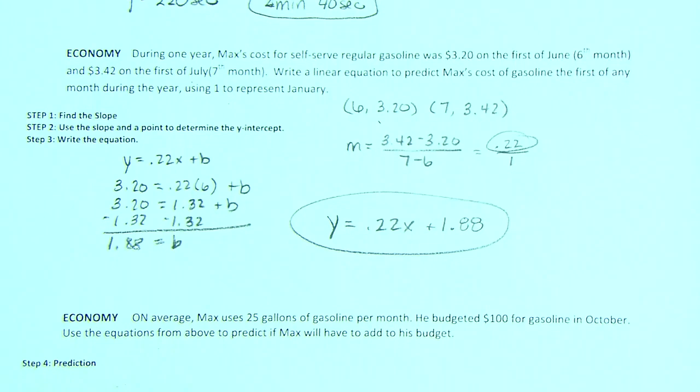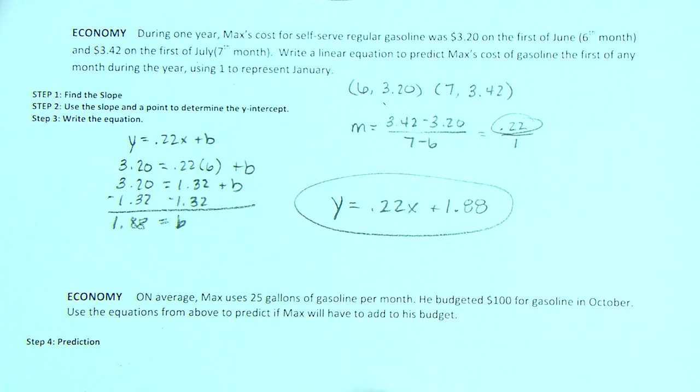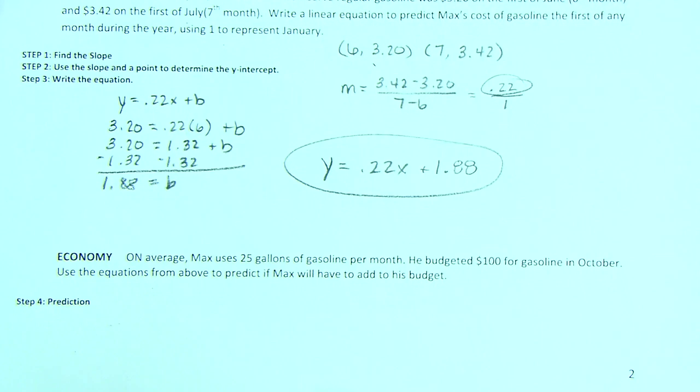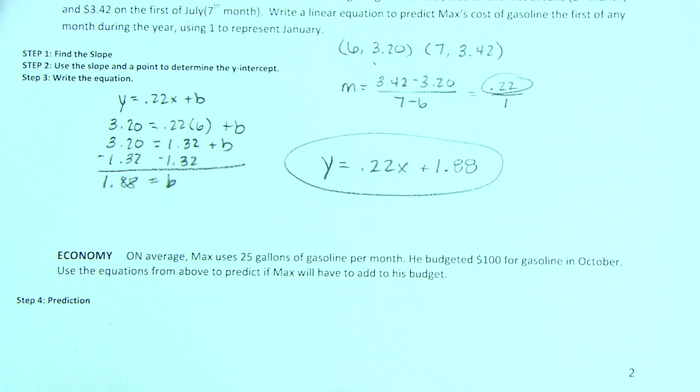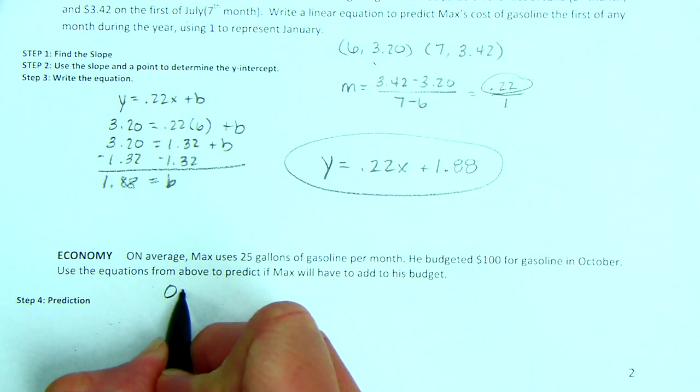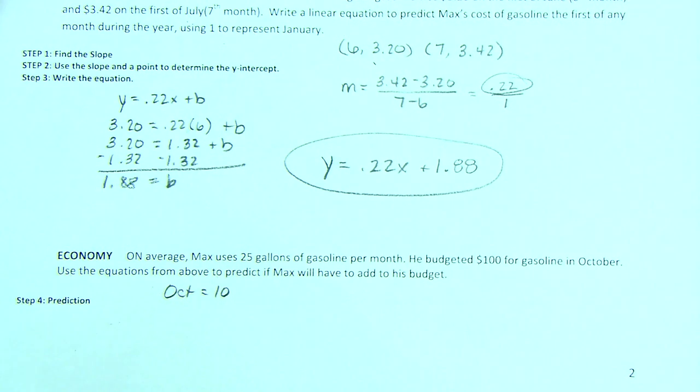Down here it says, on average, Max uses 25 gallons of gasoline per month. He budgeted $100 for gasoline in October. Use the equations from above to predict if Max will have to add to his budget. Okay, so in October, which is the 10th month, we are going to plug in 10 to our equation.